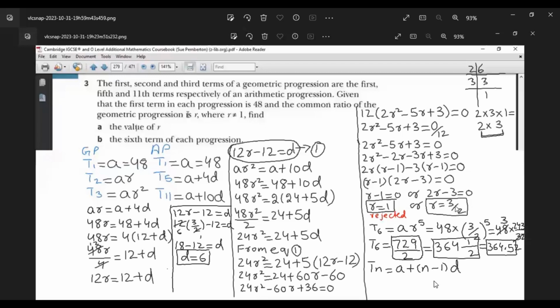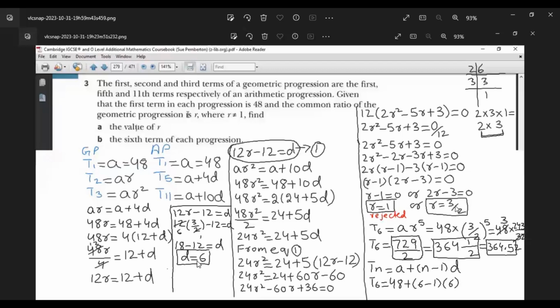Now I will take this value and put it over here to get my result. T6 I have to find: A plus, in place of n, I will be putting 6. I have the value of A, so I will be putting 48 plus 6 minus 1, and in place of D, the value 6.